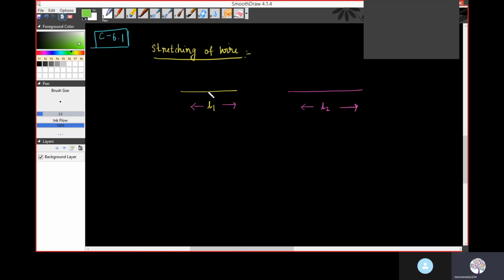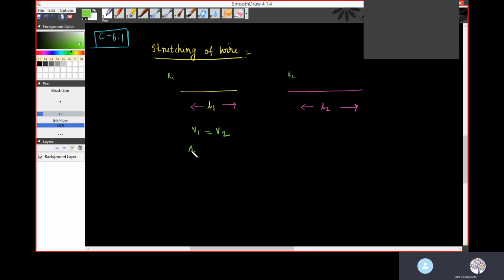The resistance is R1, now this resistance is R2. When you pull this and the length increases, the area of cross section decreases because the initial volume and final volume of the wire are going to be the same.